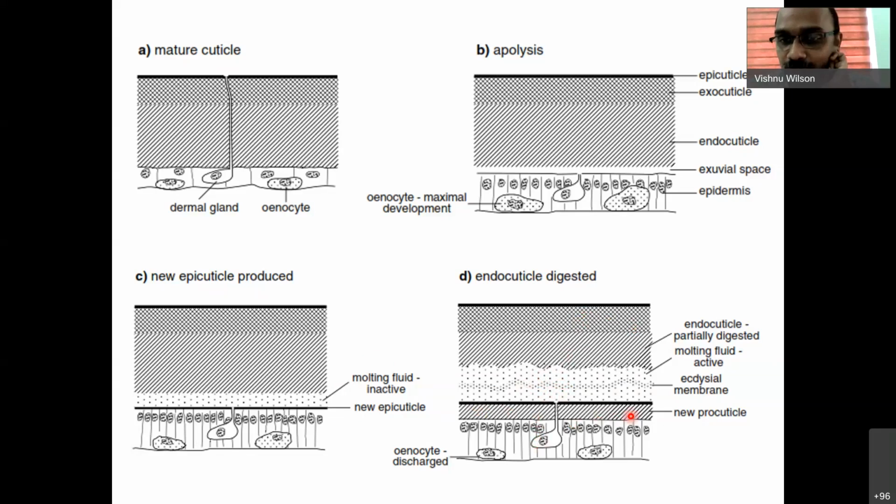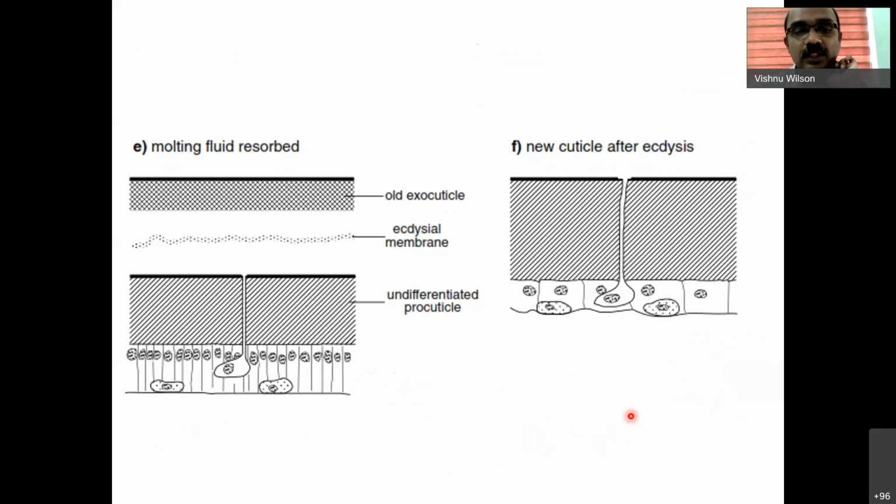The new procuticle is undifferentiated, that means it is not differentiated into exocuticle and endocuticle, because at that time sclerotization will not have happened. The old cuticle is completely devoid of the endocuticle, and only the exocuticle and the epicuticle will remain. That will be discarded and the new cuticle will be formed.